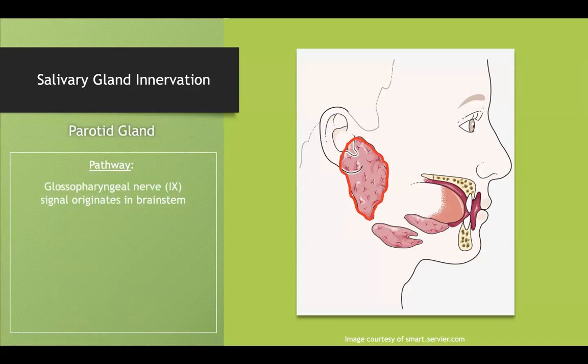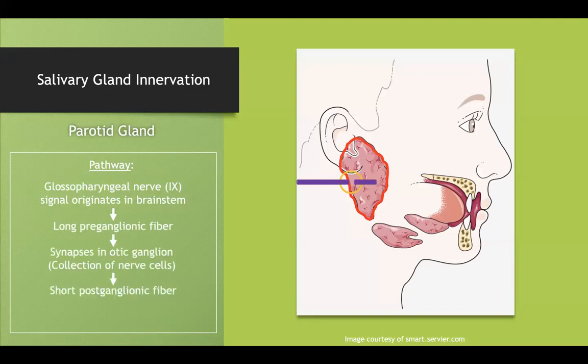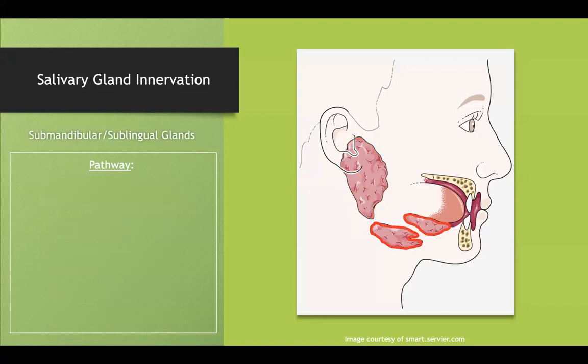For the parotid gland, it's the glossopharyngeal nerve, or cranial nerve 9, that sends the signal, and that signal again travels down a preganglionic fiber. It synapses in a ganglion, which is named the otic ganglion in this case. That otic ganglion transmits the signal to a short postganglionic fiber and finally reaches the parotid gland. The other 2 glands, the submandibular and sublingual glands, are instead activated by the facial nerve.